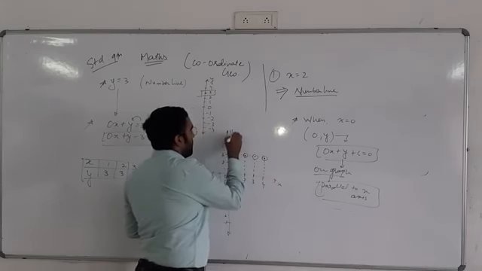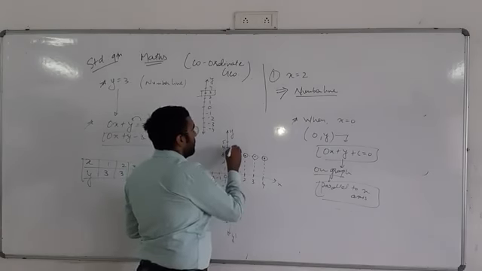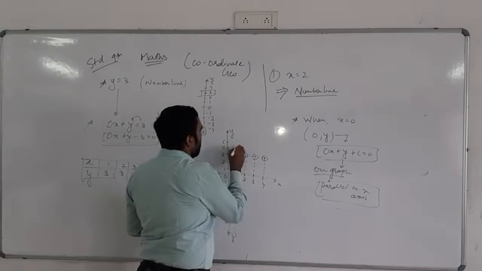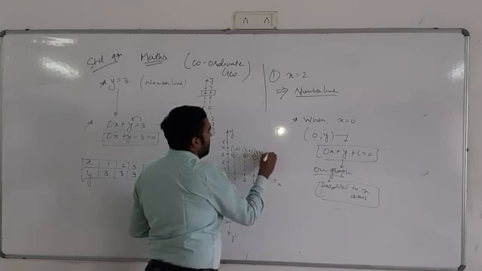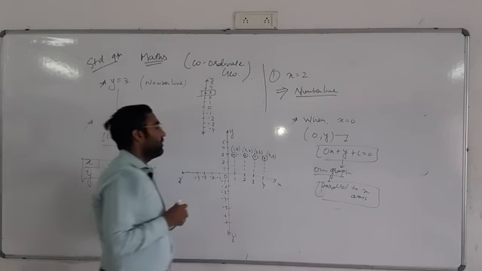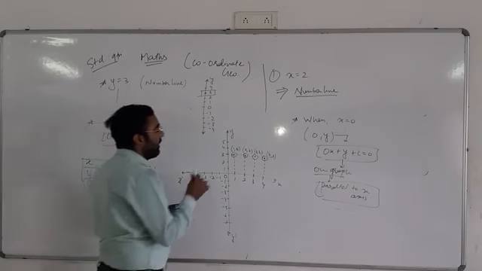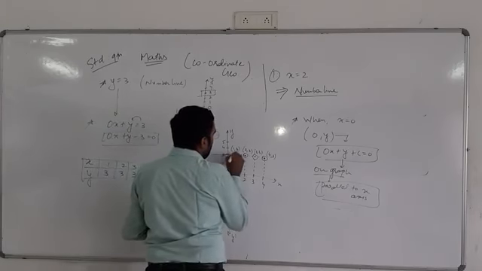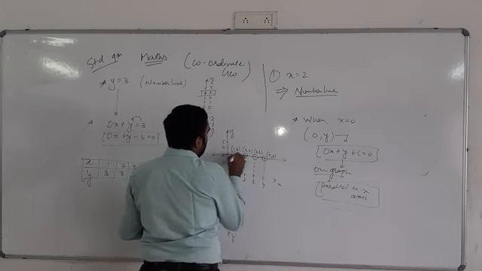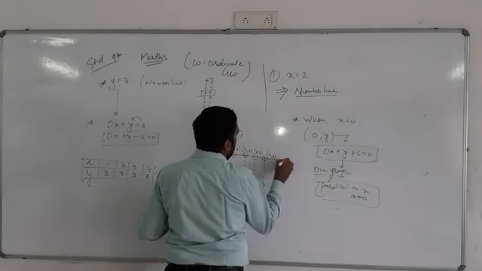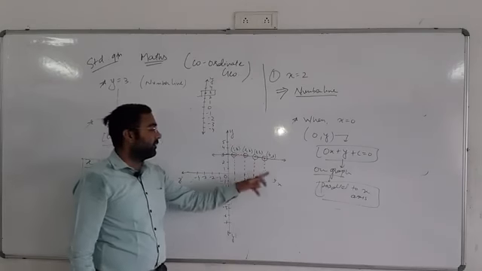Here this is my x, this is my y, x dash and y dash. So this point is 1 comma 3, this is 2 comma 3, this is 3 comma 3, and this is 4 comma 3. Okay. So as per the points, what I found is a straight line that is parallel to the x axis.